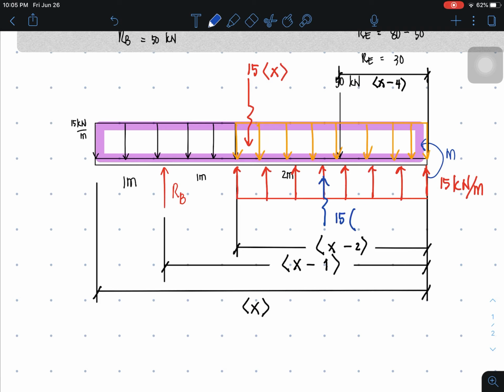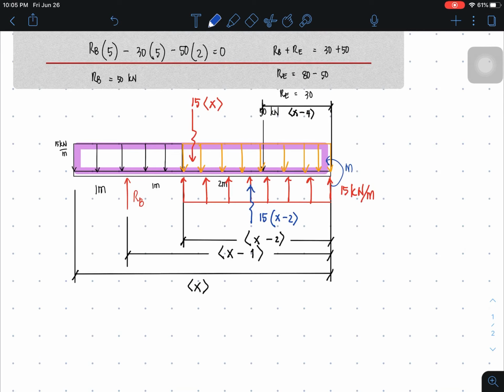So what is the length of the distribution? This distance. Pila man ni ang length ana? Kani, no? So mao ni ang length. That's x minus 2. Okay.